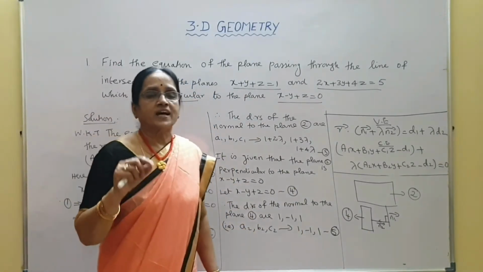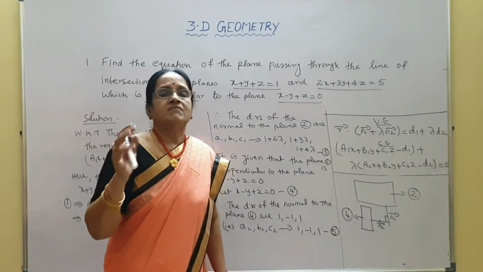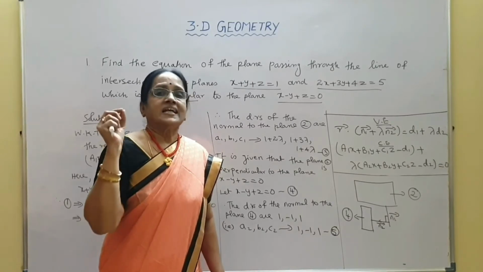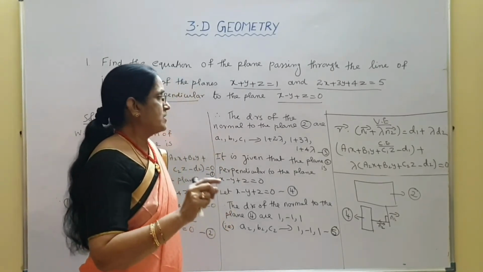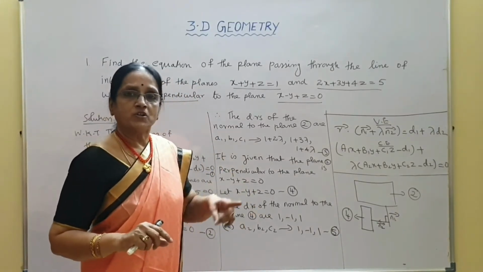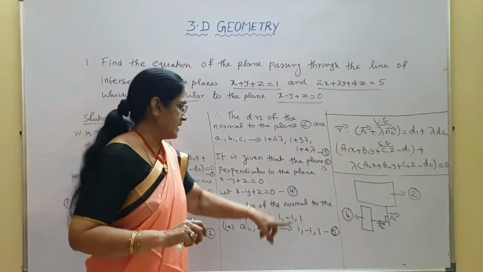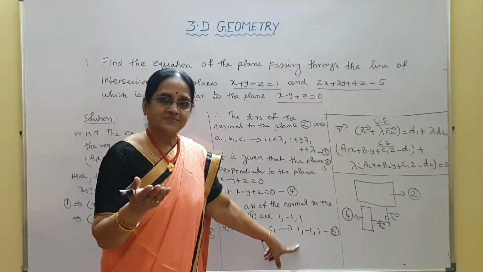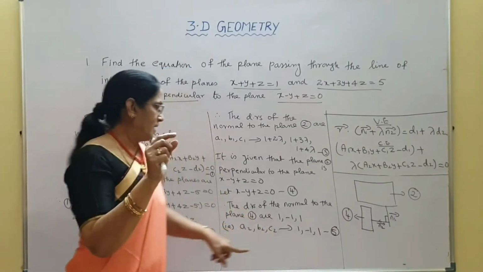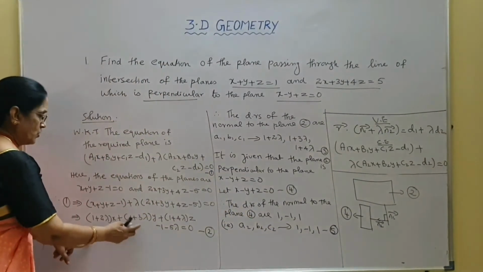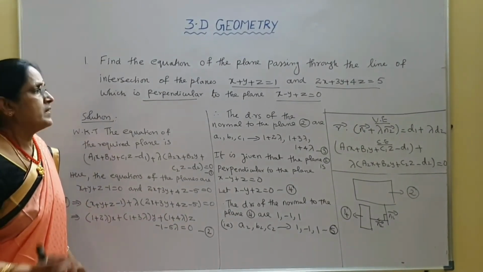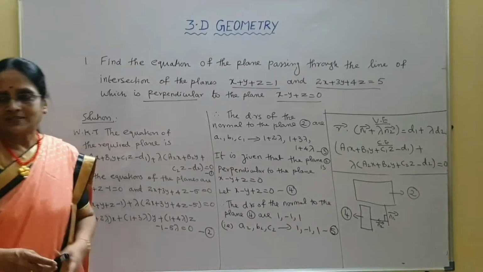And also we know the condition for perpendicularity, which is a1 a2 plus b1 b2 plus c1 c2 equal to 0. Once we substitute for a1, b1, c1, a2, b2, c2 from 3 and 5, we will get to know the value of lambda. So that value of lambda, we have to substitute in 2 to get the equation of the required plane. Okay, now let's do everything step by step.